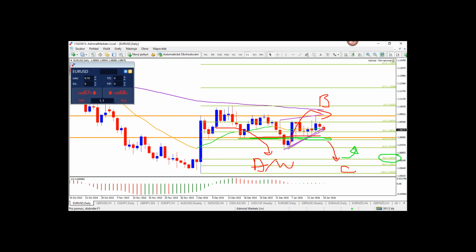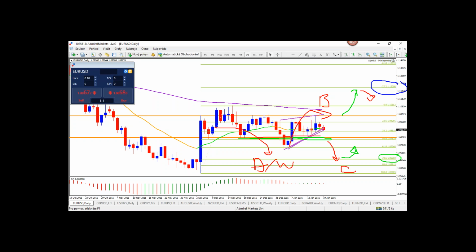If 110 breaks, I think there's space to 112, which is the minus 272 target. And that could be a corrective spot again as well. So this is what I'm keeping an eye on, these two levels for that bearish break or bullish break with the subsequent targets.